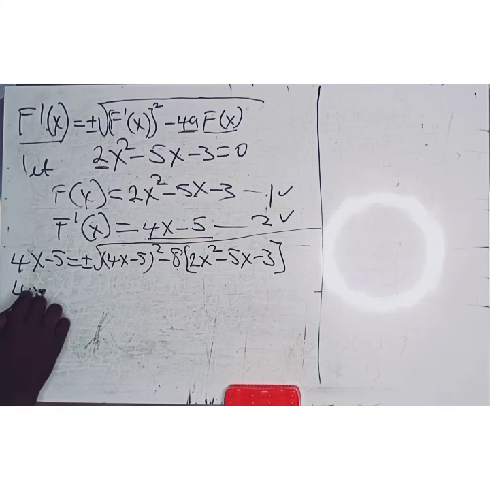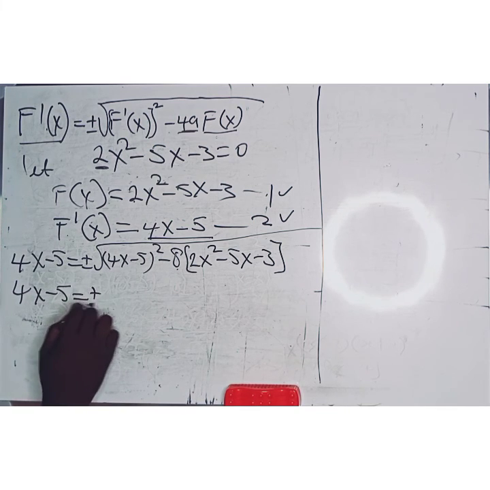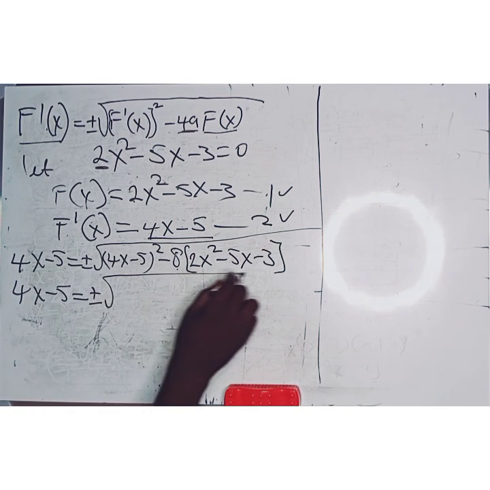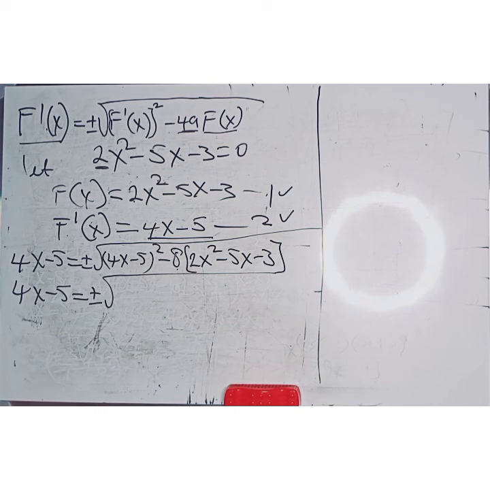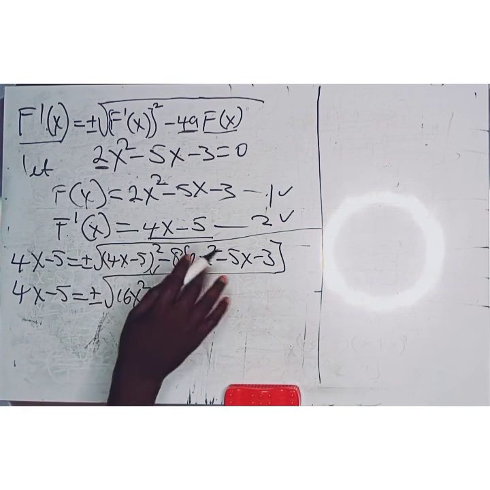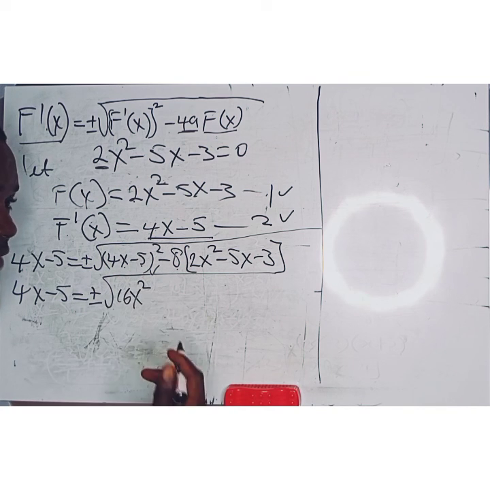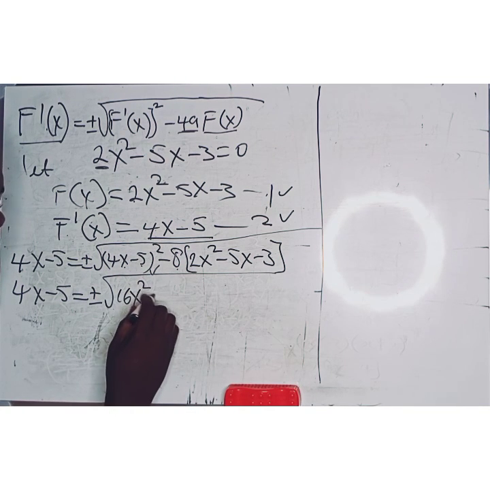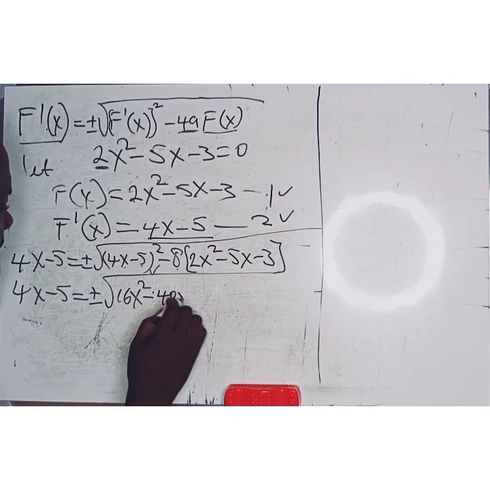Now I have 4x minus 5 equals plus or minus the root of, and I will expand the bracket. If you expand the binomial here, 4x all squared will give you 16x squared. 4x times 5 times 2, a constant 2, by the binomial formula, you will have minus 40x.